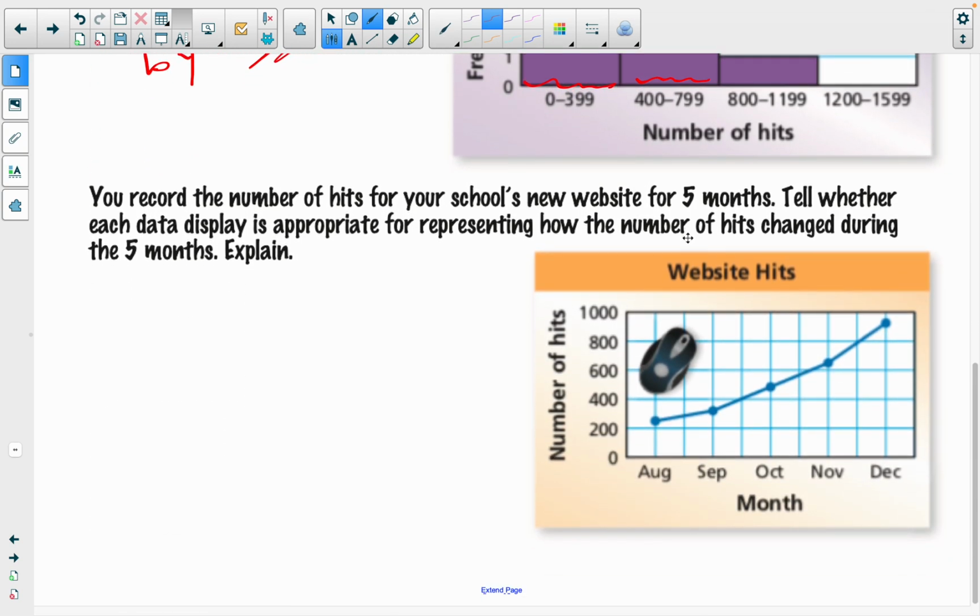All right, this last one that we're looking at, same information. In August, we can see that it was a little over 200. In September, it was close to 400. In October, it was over 400. In November, over 600. And in December, it was almost 1,000. So this is appropriate.